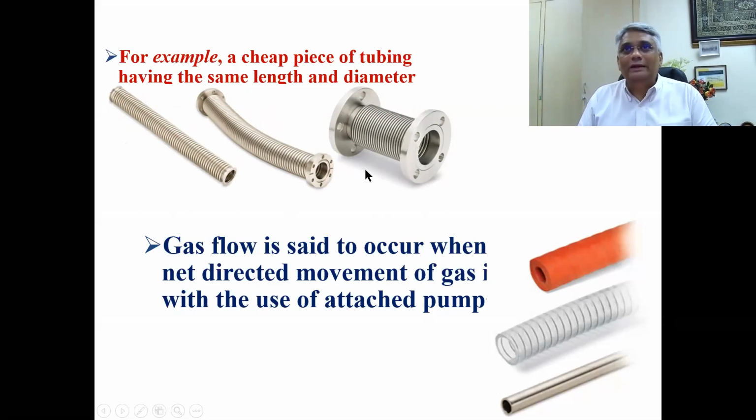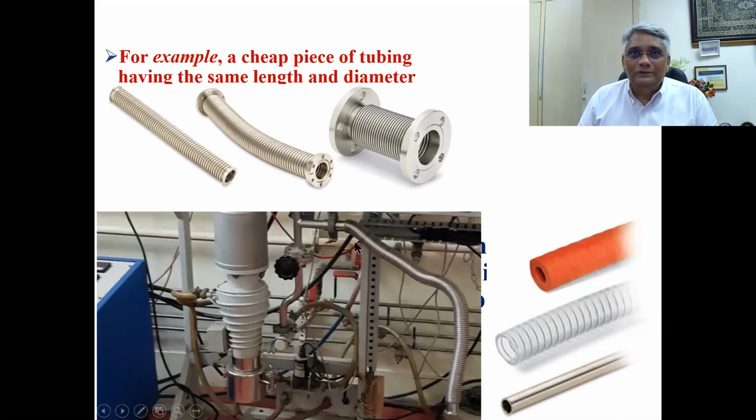If you want a clean vacuum without the problem of the so-called degassing, these metal bellows have to be used, in different shapes, sizes and diameters. They're much more expensive compared to the tubes shown here. This is an example of how a metal bellow is connected. They're also flexible, right? So we have one pump here, there's another pump there.